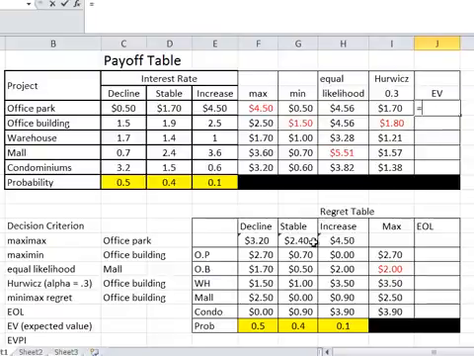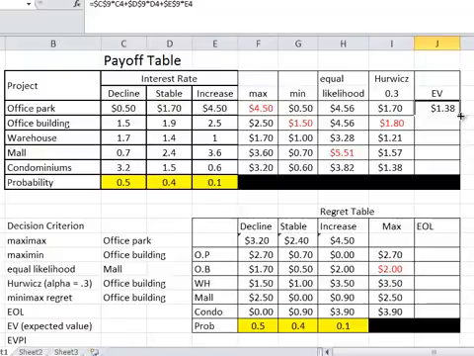For Office Park, there's 50% chance our profit will be $500,000. There's 40% chance our profit will be $1.7 million. And in the end, there's 10% chance our profit will be $4.5 million. Return, and $1.38 million is the expected value associated with Office Park.